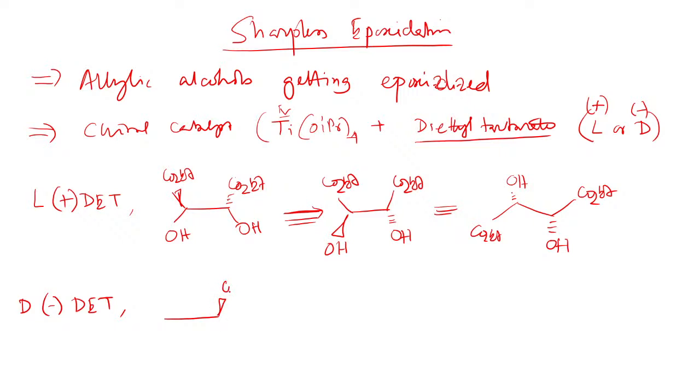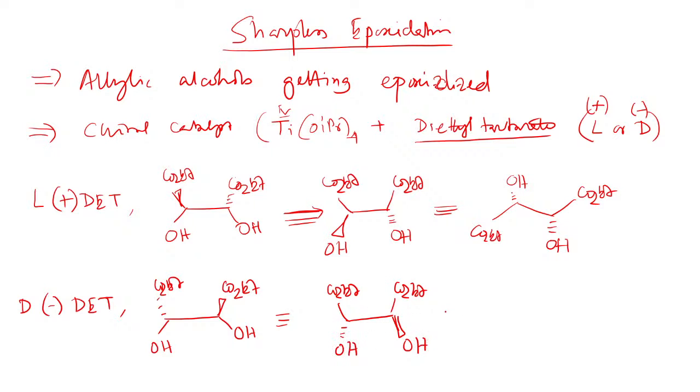So wherever a chiral center is there, you have to draw just the opposite one. So here minus was there, so we can draw plus. Now this OH group will be up and this will be down. And this is the zigzag orientation.